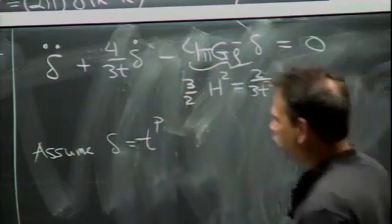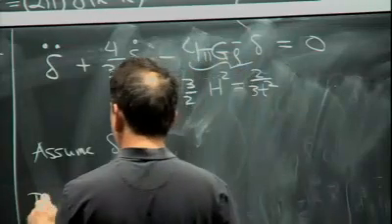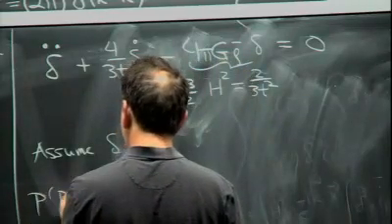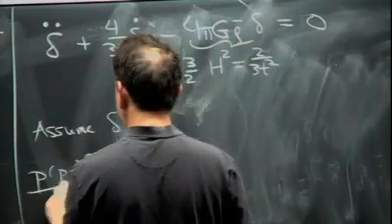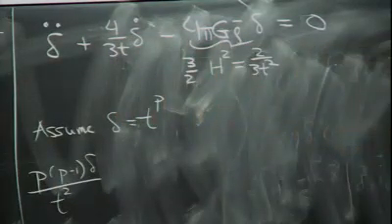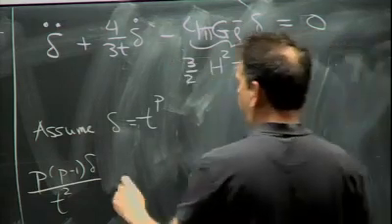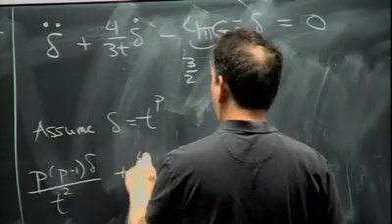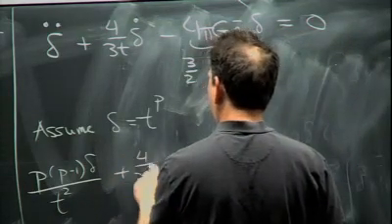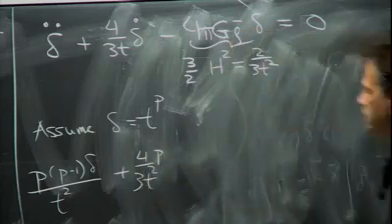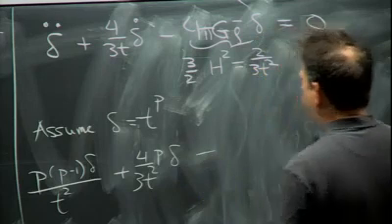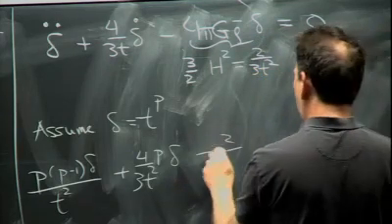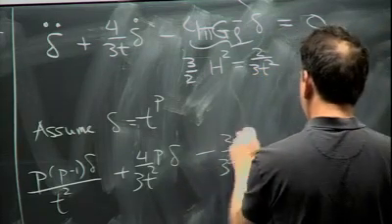So this first term becomes p times p minus 1 times delta over t squared. And this term gives plus 4 over 3t squared times p, and there's another delta. And then it's minus 2 over 3t squared times delta equals 0.